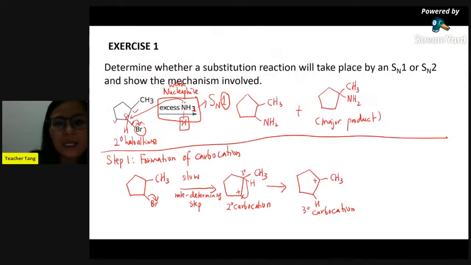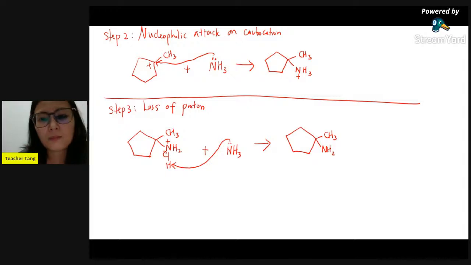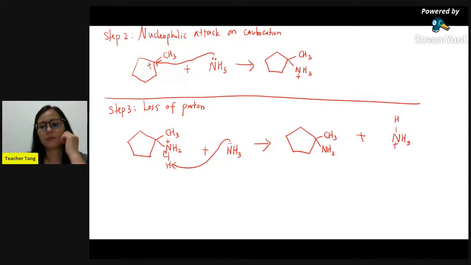You only have ammonia, so the ammonia will come in to take the hydrogen. So you get your product, the major product. So 4 bonds, positive charge.